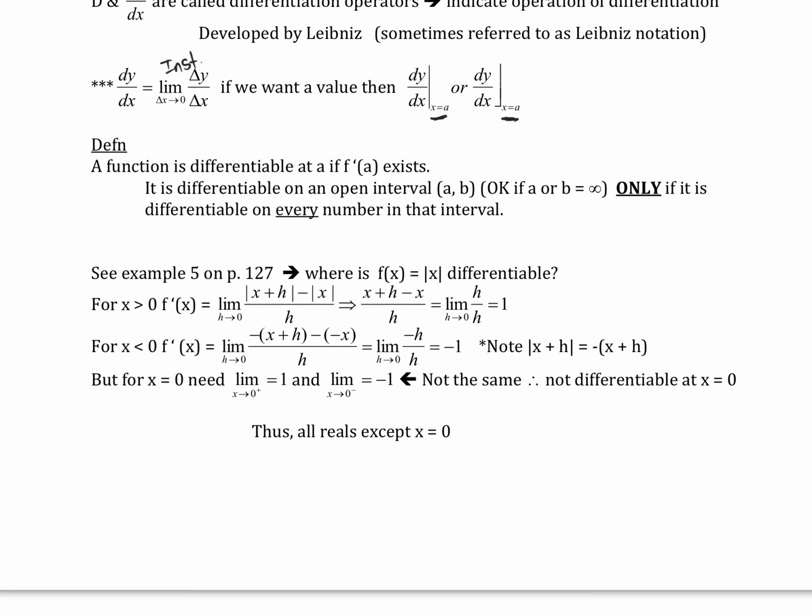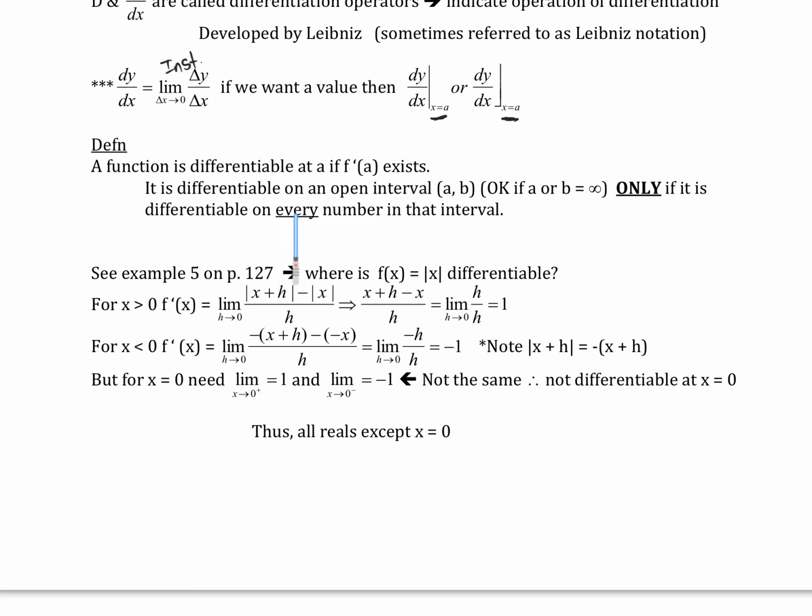All right, so now here's the next definition we're going to talk about. This says that a function is differentiable at a if f prime of a exists. Okay, so that's a pretty easy concept. So if I can take the derivative at a, then it's differentiable at a.